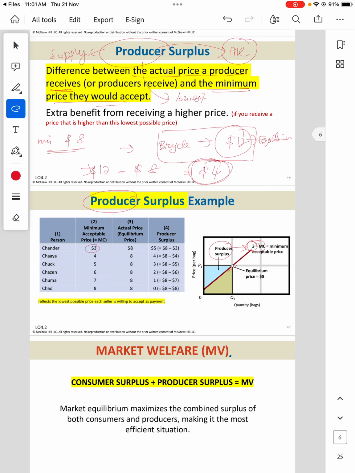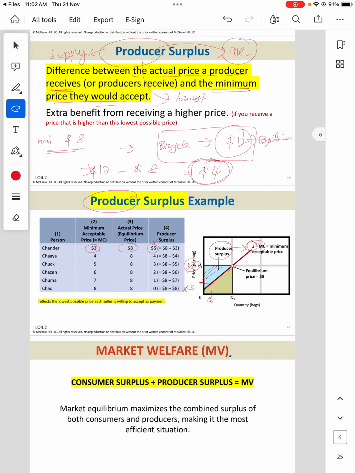Remember, producer always wants the lowest cost. The actual price is $8, so he can produce at $3 to get this quantity. So how much is the producer surplus? 8 minus 3 is $5.